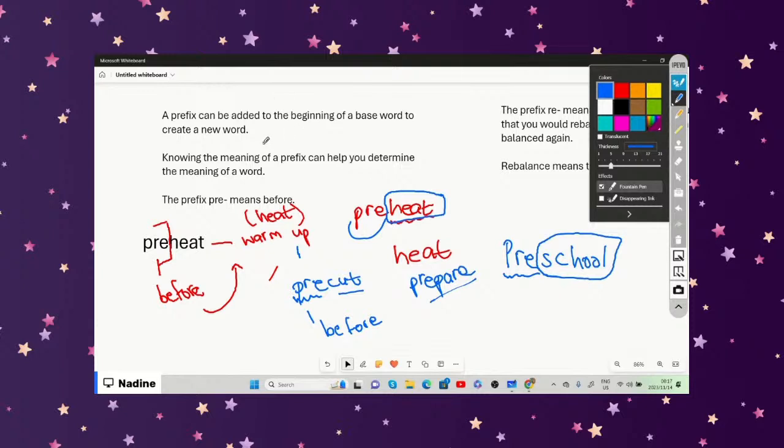Once again, before we go over to the next one, a prefix can be added to the beginning of a base word, for example school, heat, cut, in order to create a new one. And we said that pre means before.